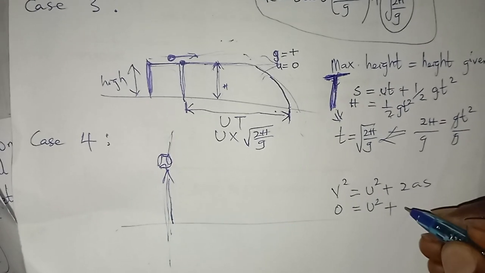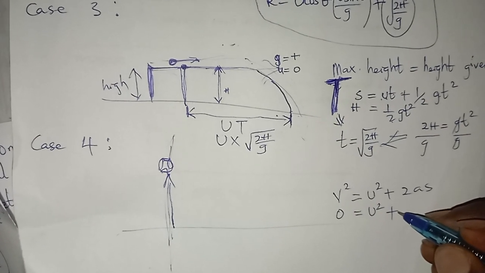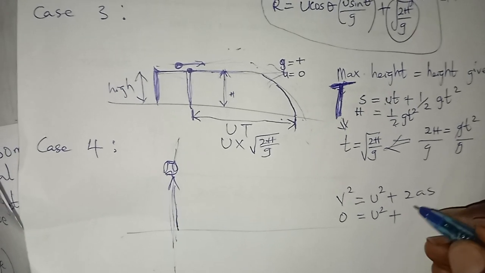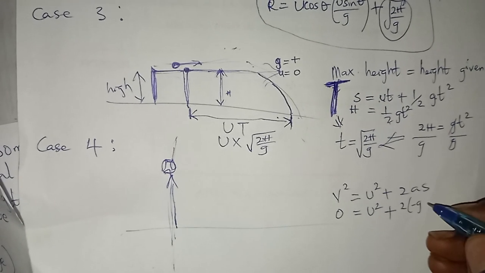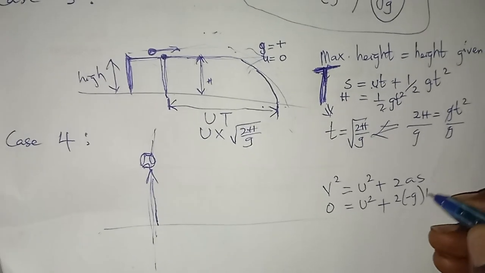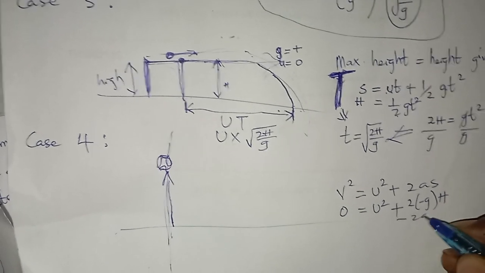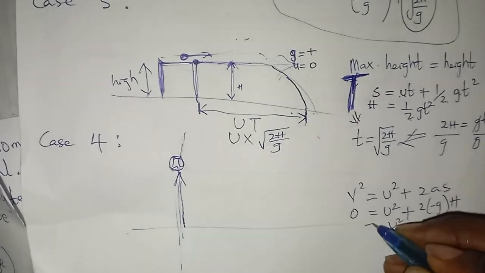Now plus, is going up, at maximum height. Let's say they are asking you for maximum height, so this will become 2 minus g. As it's going up, it's going against gravity, then I'll have h. S here becomes h. So if I do it, this becomes minus 2g h, u square equals to 0.